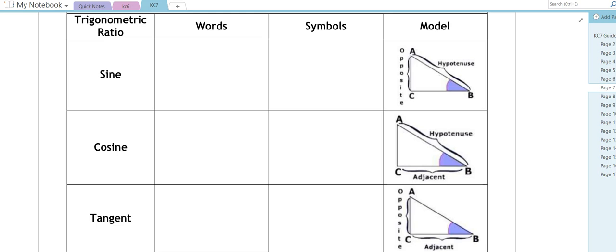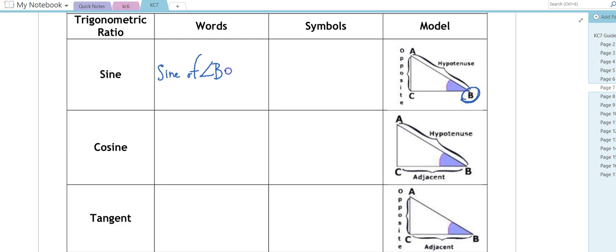When we are writing in words, and it's asking us to find the sine of a certain angle, in words you would write sine of angle. In this case, it would be angle B, because this is the angle that I'm looking at in my picture here. That's my given angle.